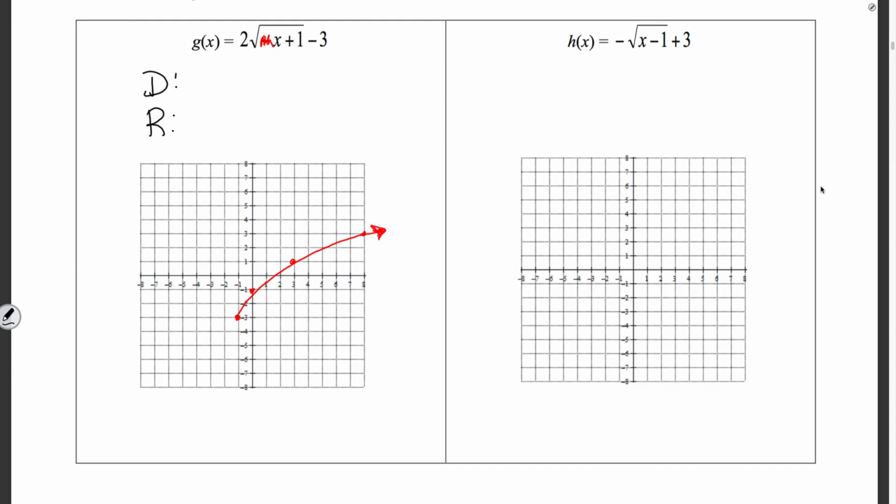So what's the lowest x? -1. -1 is the lowest x. What's the highest x? Infinity. Infinity. And remember, how do we remember which one goes with which, domain or range? Alphabetical, right? X is before Y, domain is before range, input is before output. The only one that doesn't work was independent, right?